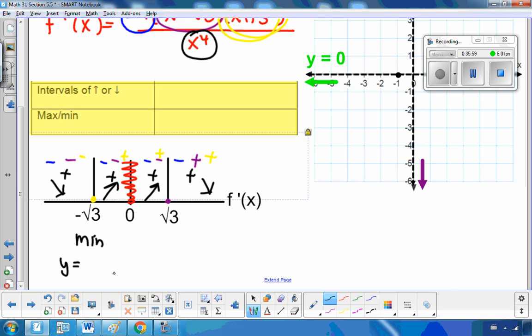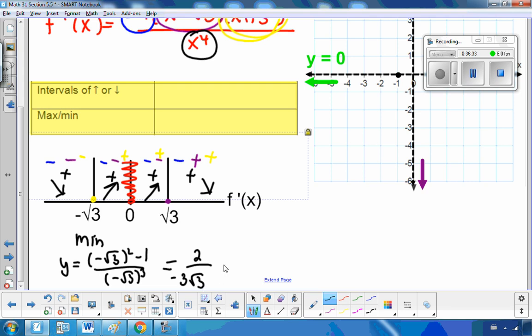So I'm going to plug in -√3 into my original equation. Okay, and in doing so, I'm going to end up with -√3 squared is going to be 3 minus 1 is 2 over, and this will just be -3√3.